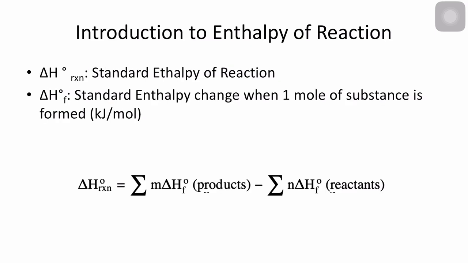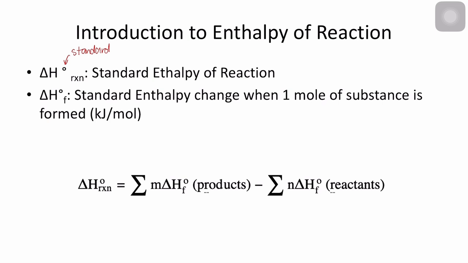So the naught sign tells us that it's standard. And then the standard enthalpy change or standard heat of formation, here the second bullet, is the standard enthalpy change when 1 mole of substance is formed.